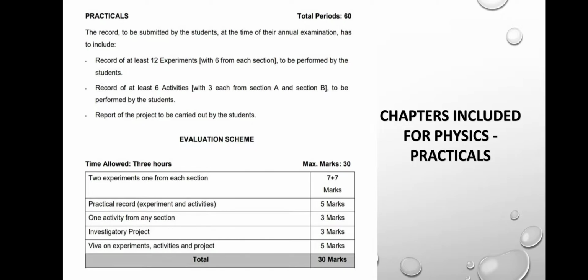You can do a hands-on project on any topic of your choice in physics, which will be evaluated in the end. Your practical records will carry 30 marks, in which the experiments, your practical record, your activity and your investigatory project will all be included. So 70 and 30, which is 100 marks for your final exam.